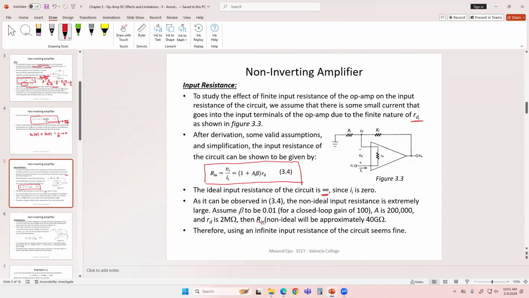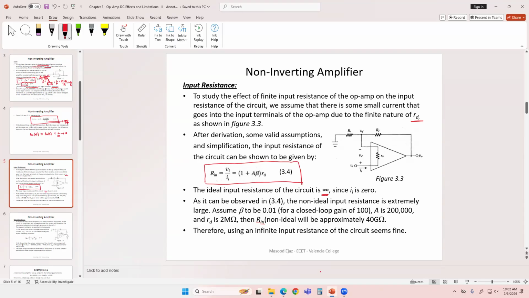Now the question is how big this is. Is it close to infinity or not? RD is approximately 3 mega ohm, A of course is 200,000 and beta is less than 1. So let's assume beta is 0.01 for a closed loop gain of 100, which is a lot actually. And A is 200,000, RD is 2 mega ohm.